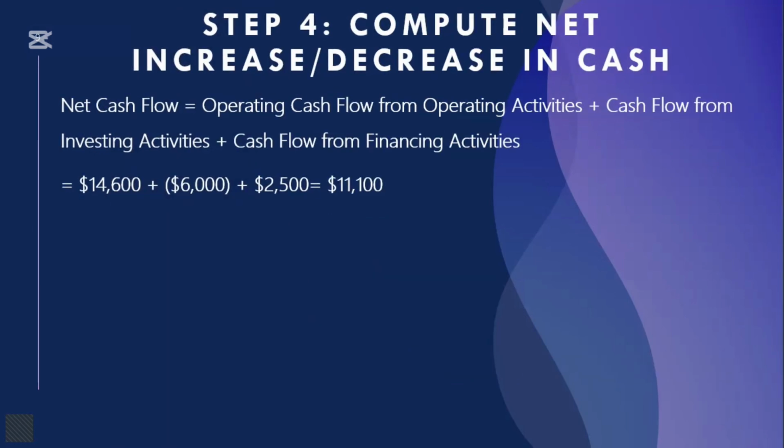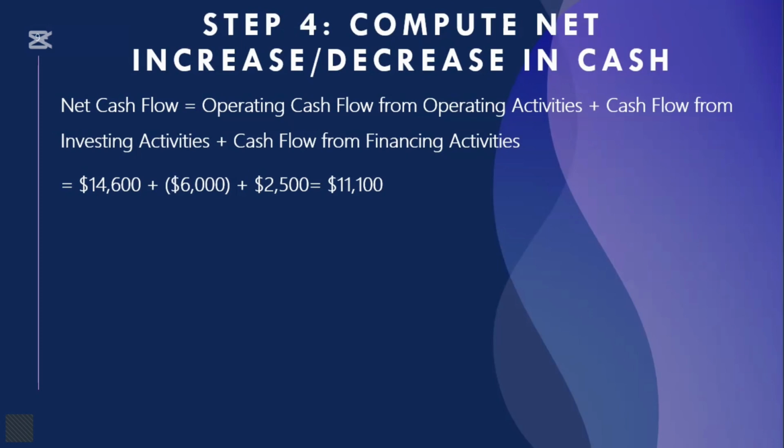So our next step now is to compute our net increase or decrease in cash, which is our net cash flow overall. And as we said before, it will be our cash flow from operating activities plus our cash flow from investing activities plus our cash flow from financing activities.